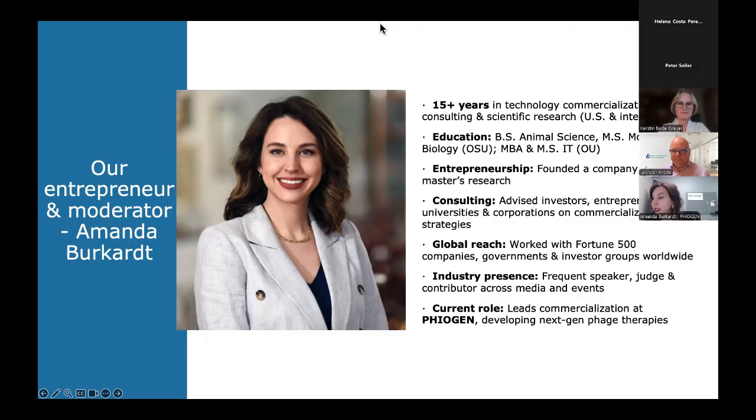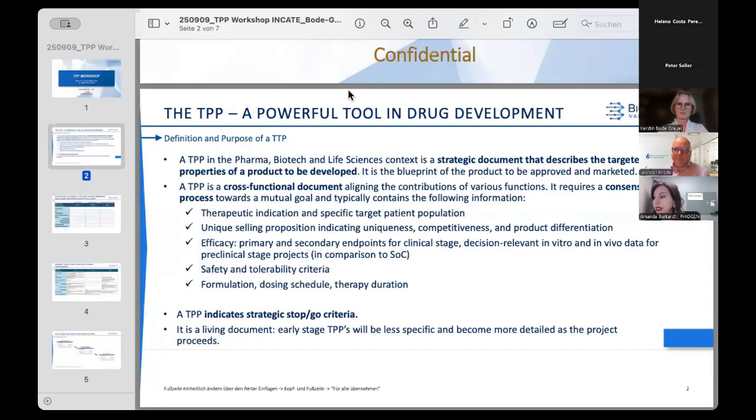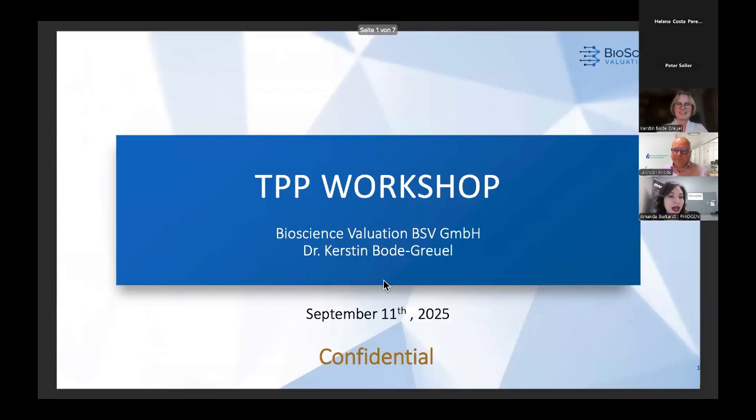At any stage of R&D, TPPs are the core of BSV's work because they help align innovation with medical, market, and regulatory needs and facilitate communication with all stakeholders. So I know, yes, we have it pulled up here. Dr. Kerstin, I will leave the floor to you, moderate Q&A afterwards, and then we'll set some time aside for all of us to answer some more questions.